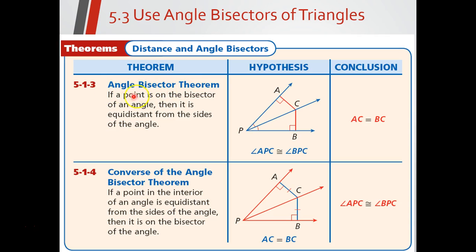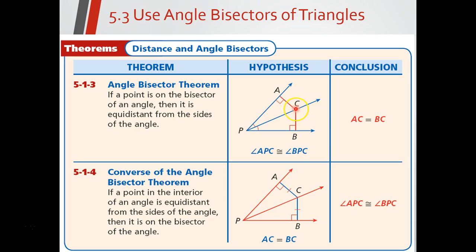The angle bisector theorem says if a point is on the bisector, so referring to this point right here, point C is on the bisector of an angle, then it is equidistant from the sides of the angle.